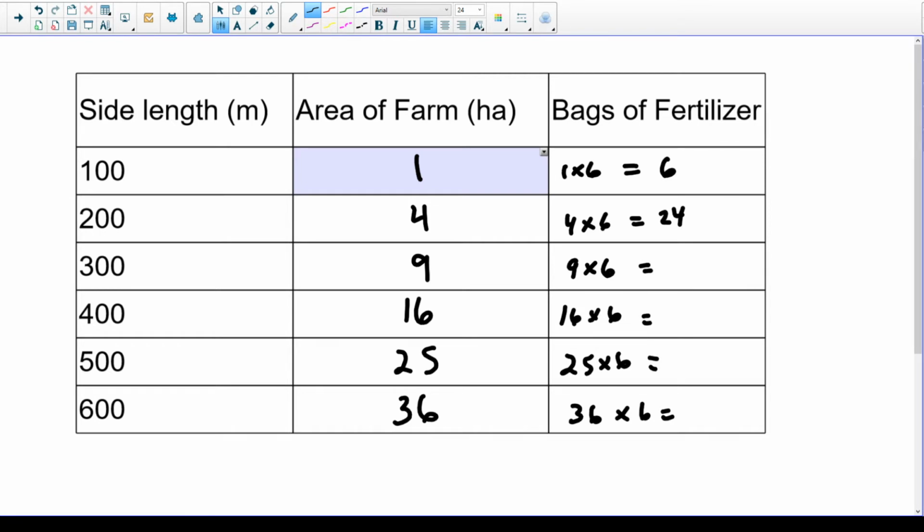So I'm just going to use my calculator off to the side here and calculate what all those values are. So that is that table filled in.